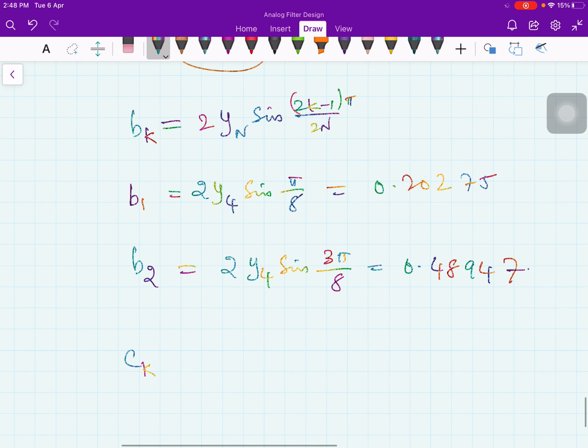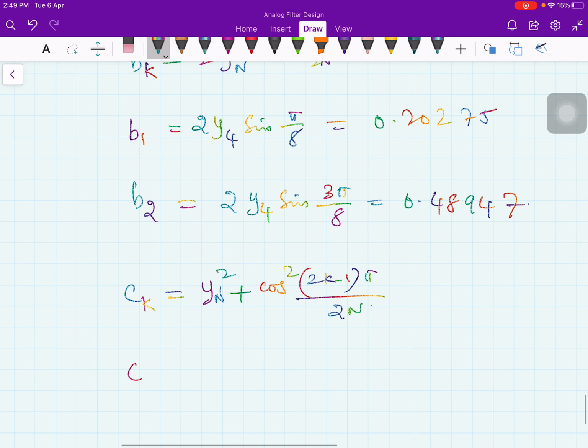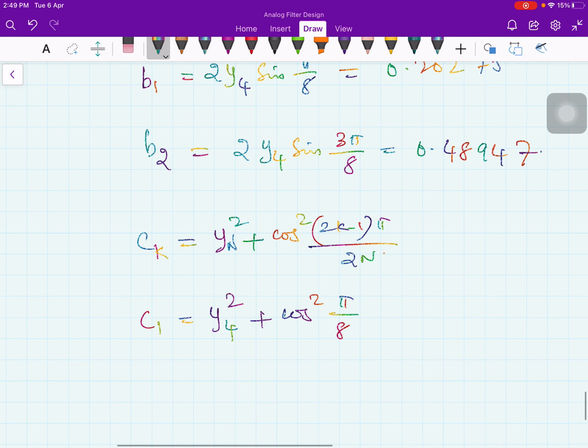And then Ck, by definition, Ck is yn squared plus cos squared of 2k minus 1 pi by 2n. Now substitute k equal to 1, C1 equal to y4 squared plus cos squared pi by 8. That calculates as 0.92373.